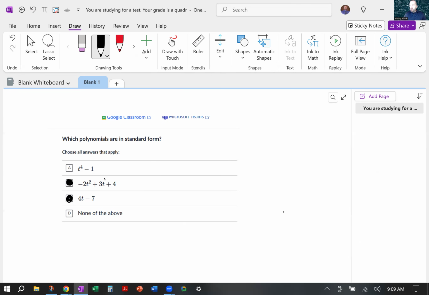And then A also is standard form. t to the 4th is the highest exponent, but there's no other exponents after. So there's 0t to the 3rd, 0t squared, and 0t, but we don't write those in there. We just write t to the 4th, and then there's a negative 1 for the constant. So t to the 4th minus 1. So all three of these are written in standard form.